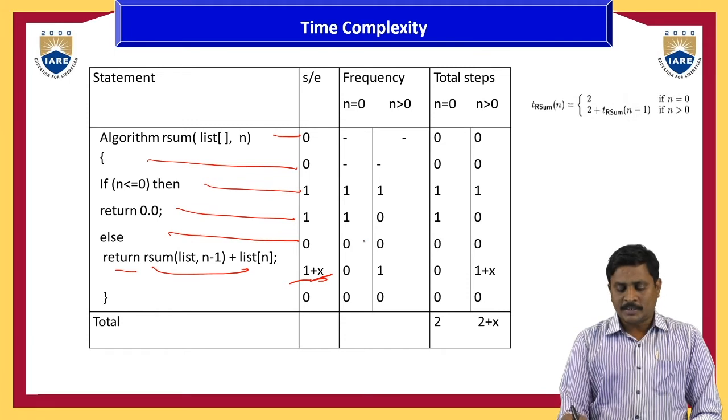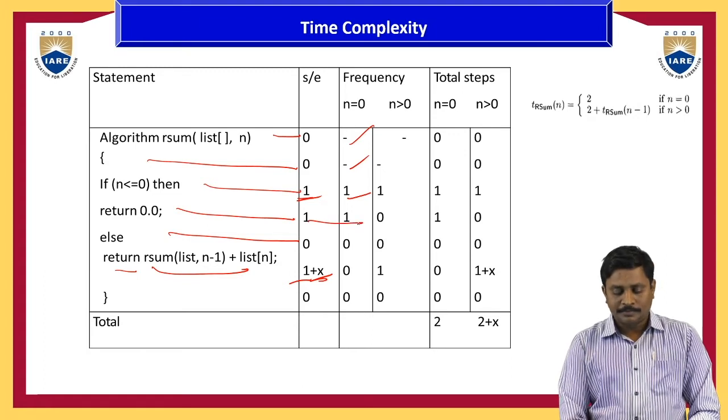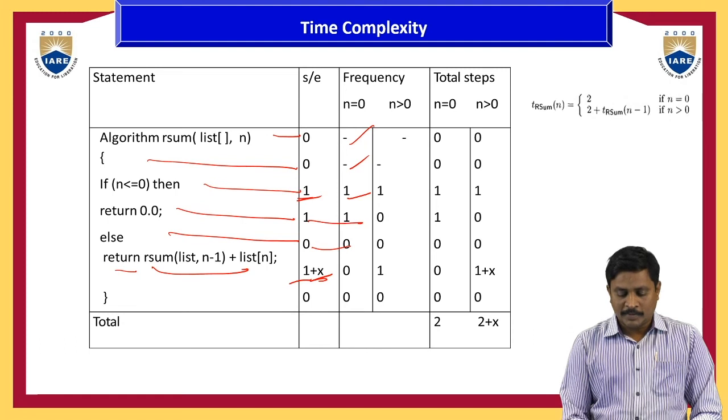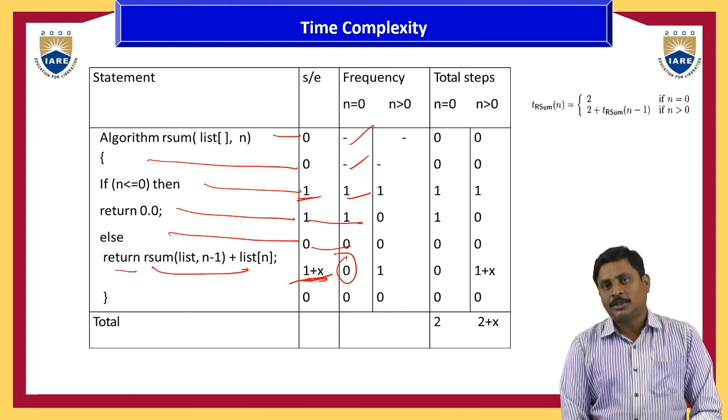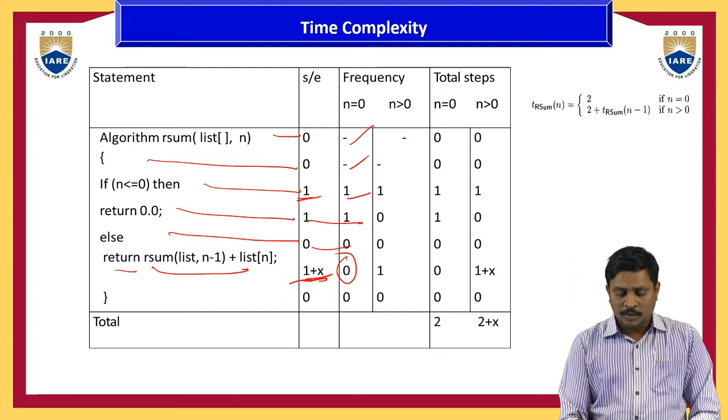Now here we write repetition values. So this if n less than or equal to 0 repeats only 1 time. Return repeats only 1 time. Else repeats 0 times. This 1 plus x times is a variable count value, so that's why here we write the repetition value as 0. If n equal to 0, it won't be executed, so it is 0.